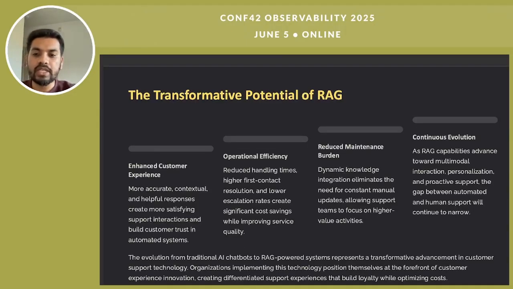To wrap up, the evolution from traditional AI chatbots to RAG-powered systems represents a transformative advancement in customer support technology, since it enables grounded, real-time answers that scale with knowledge changes. So the customers are always given the latest information.